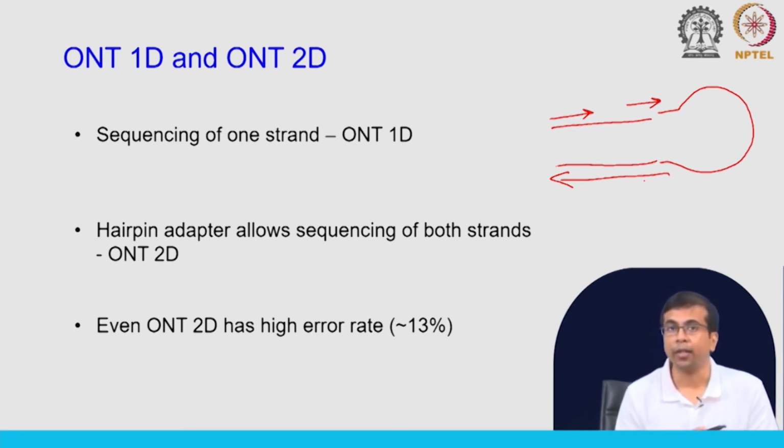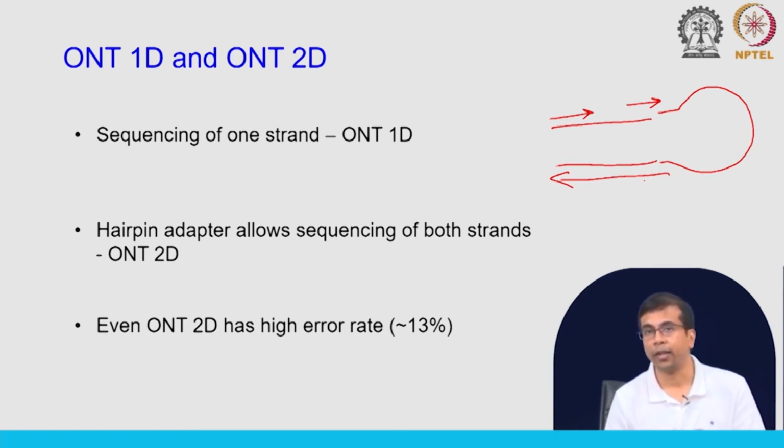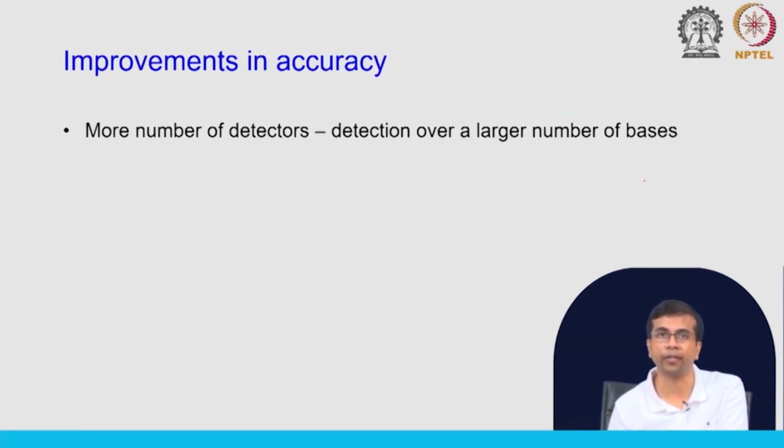But what researchers have seen is that even ONT 2D has a high error rate, which is about 13%. So, what can we do about this? Because this 13% error rate is very high, especially if we are interested in identifying mutations or genotyping. What has been happening in recent years is that there have been improvements in accuracy, and one of these comes from more detectors being added in the nanopore. Earlier, there was only one detector per nanopore.